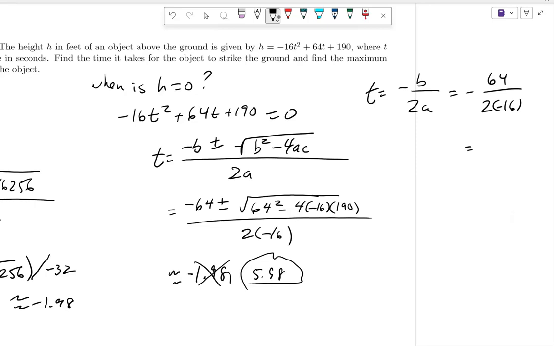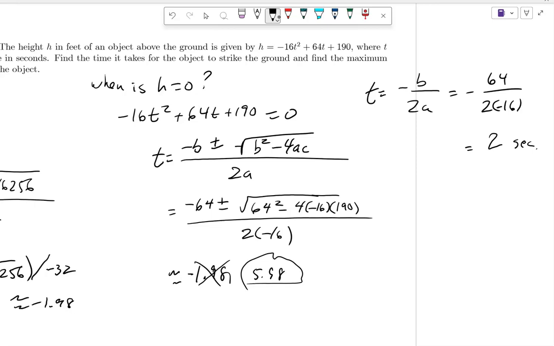What value do we get? We get 64 over 32, so we get 2. This is the time. Time is measured in seconds in this case. Good. But that's not what the problem's asking for. The problem's asking for the maximum height, right?